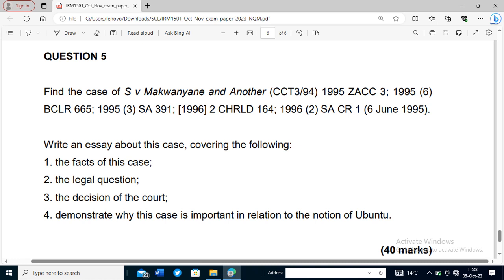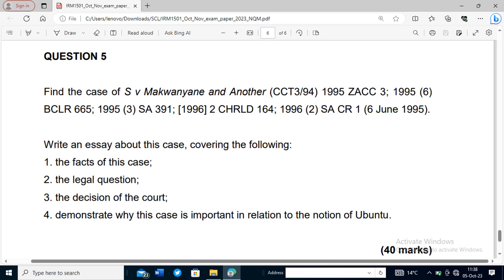So the decision of the court, guys, whenever a judge hands over a decision, they have to make certain things that are called remarks, which means that a judge has to explain why he or she reached that kind of decision. So you just have to focus on the decision and also the remarks which are being made by the judges. Then we move to demonstrate why this case is important in relation to the notion of Ubuntu.